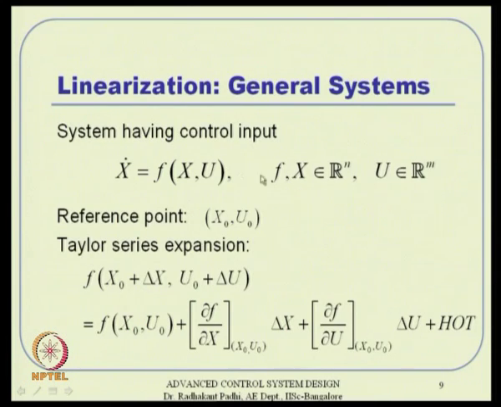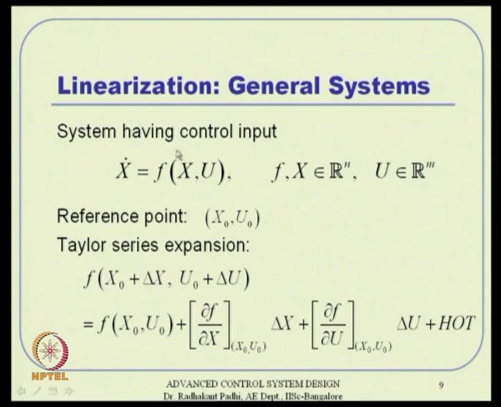So, now we will talk about the real problem, the full problem actually. Obviously, we are talking about a nonlinear system and an operating point or a reference point is the x 0 u 0 combination, x is of n dimension and u is of m dimension, remember that. Okay. So, the analysis is fairly straightforward, again whatever we have done before is also relevant here. So, what is happening here?